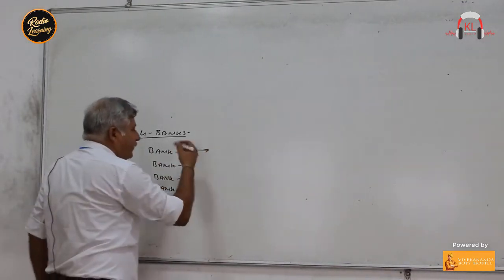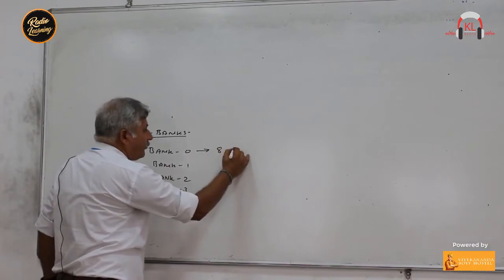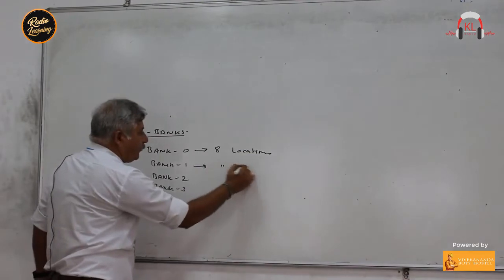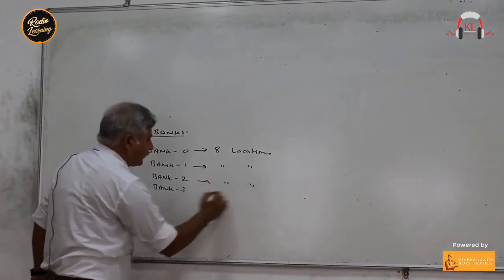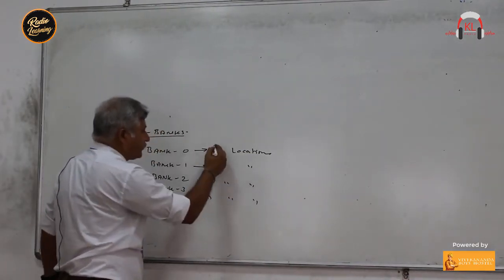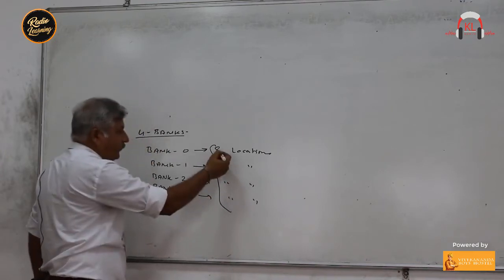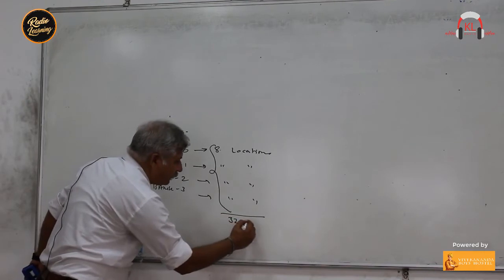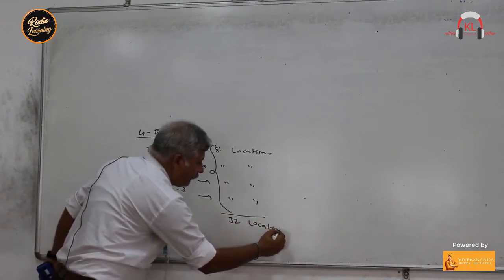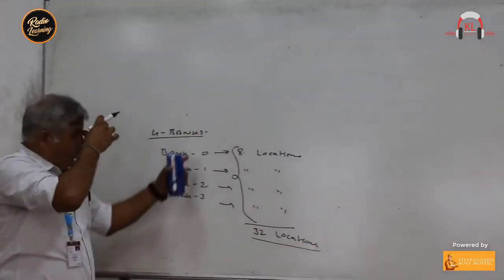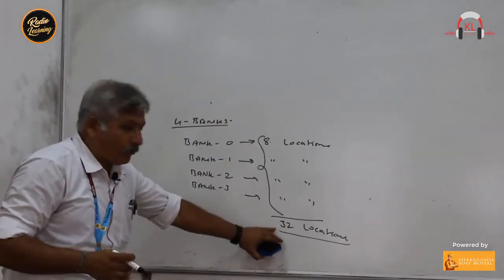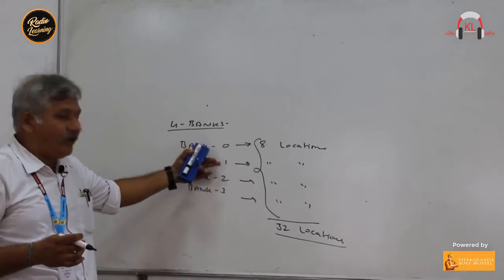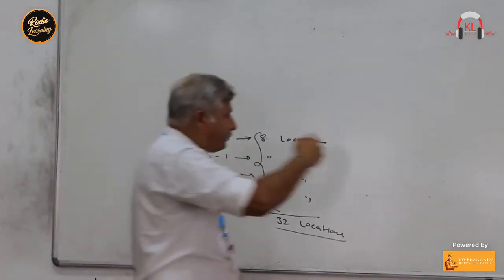So this bank will have 8 locations, this one 8 locations, and this bank 8 locations. In total, 8 plus 8 plus 8 plus 8 is 32 locations. So a total of 32 locations are divided into 4 banks: bank 0, bank 1, bank 2, and bank 3.